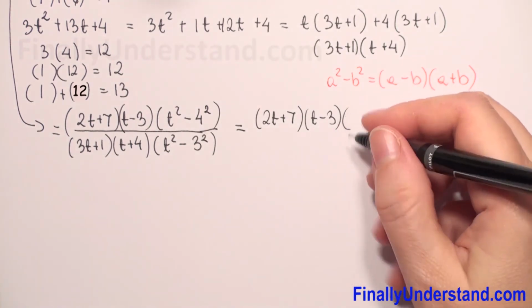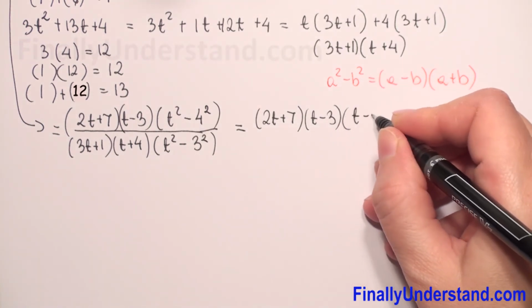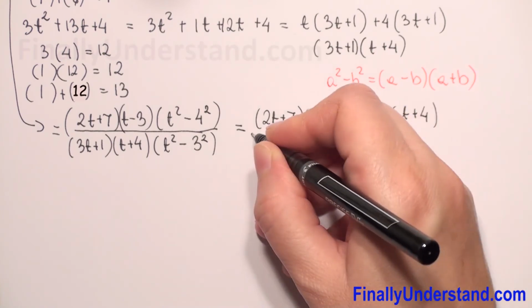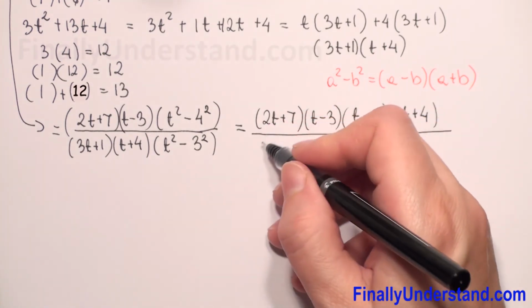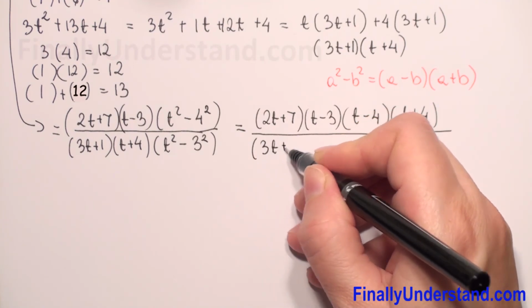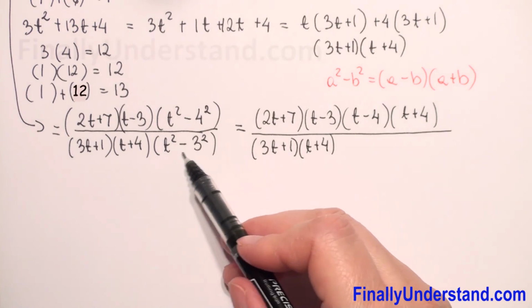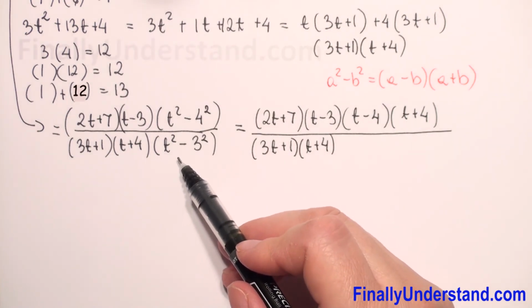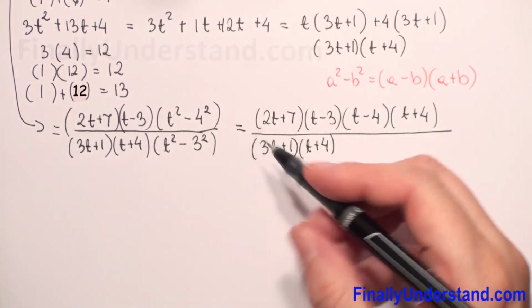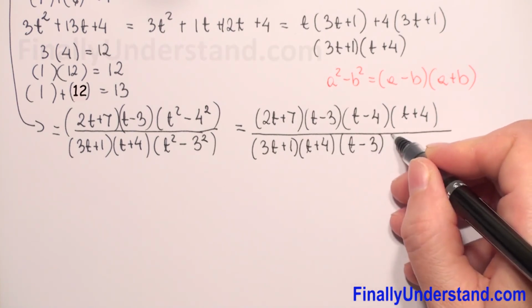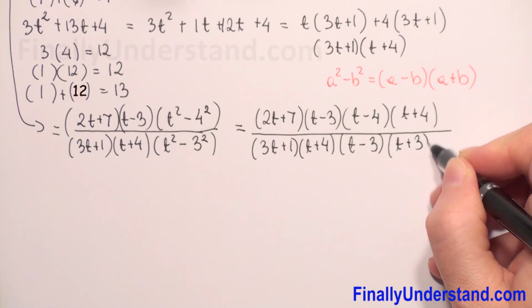So we have t minus 4 times t plus 4 over, we have to copy, 3t plus 1 times t plus 4, and again we will use the same formula, difference of two perfect squares, so it will be t minus 3 times t plus 3.